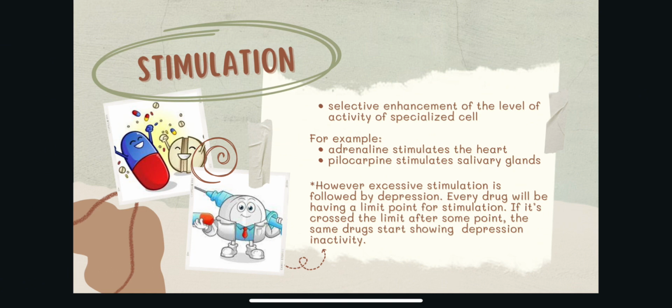However, excessive stimulation is followed by depression. Every drug has a limit point for stimulation. If it crosses the limit, after some point the same drug starts showing depression in activity.